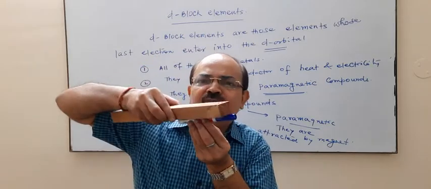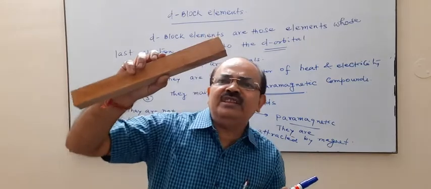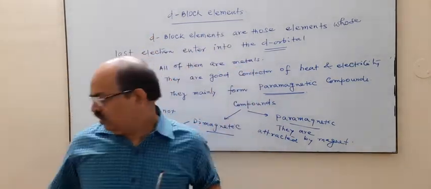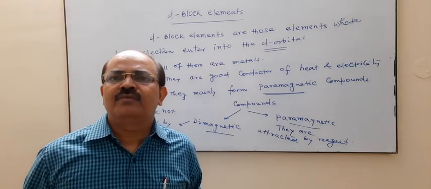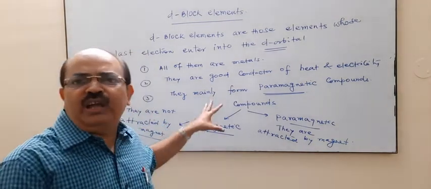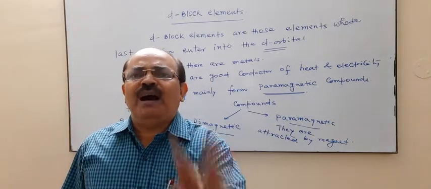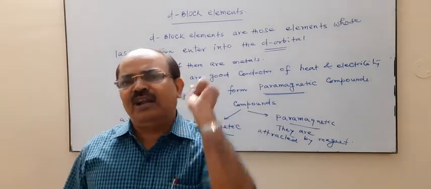Now this wooden piece cannot be attracted by this magnet. So we can say this wooden piece is diamagnetic. So one is diamagnetic, another is paramagnetic. So these d block elements form paramagnetic compounds. The majority of their compounds are paramagnetic.